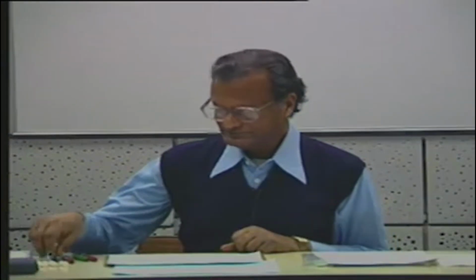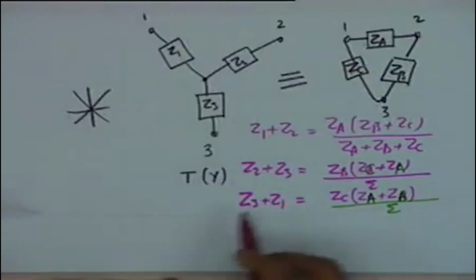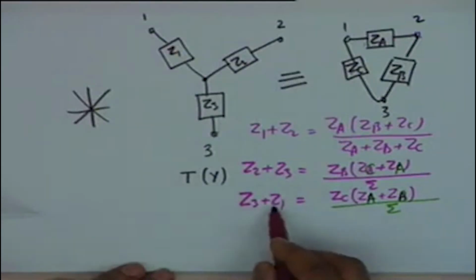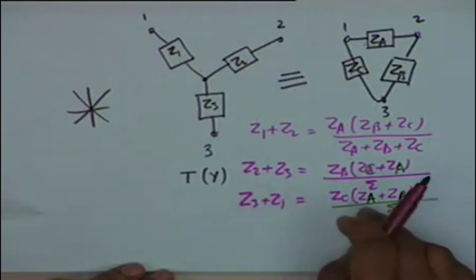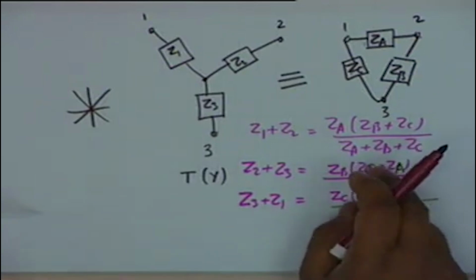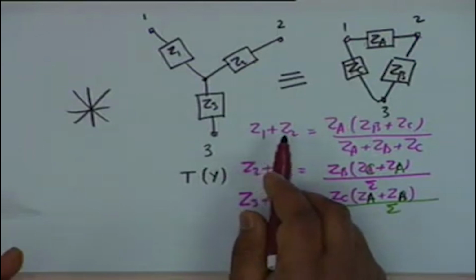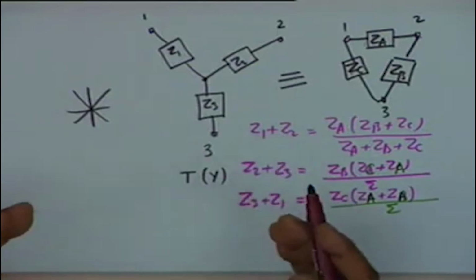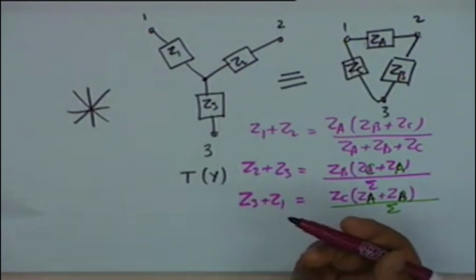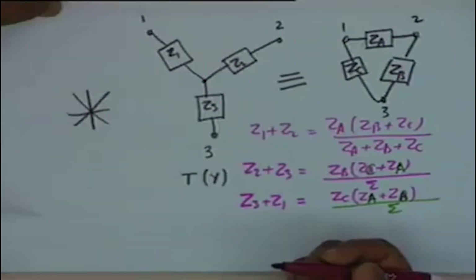You see, if I look at these two relations, Z2 plus Z3 and Z3 plus Z1, suppose I subtract this equation from this, then I shall get Z2 minus Z1. The first equation gives me Z2 plus Z1, and therefore by adding and subtracting I can find out Z1 and Z2. Similarly for the third. Is this clear, the manipulation?